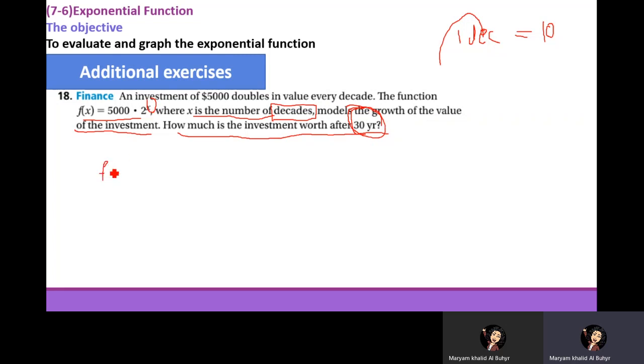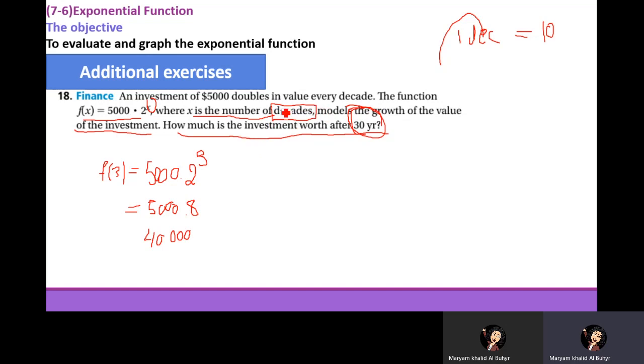So you are going to substitute 3, so f of 3 equals 5,000 times 2 to the power 3. 2 to the power 3 is 8, times 5,000. You can easily calculate it without a calculator. 5 times 8 is 40,000.